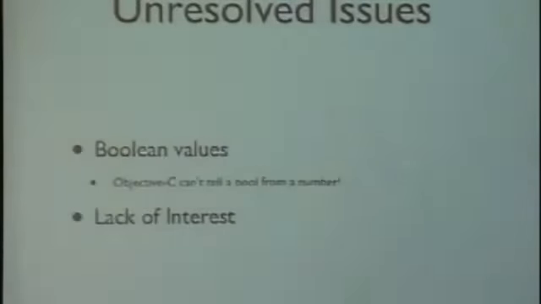Unresolved issues that I have so far. The Boolean values. Objective-C can't tell a Boolean from a number. And the total lack of interest that anybody has in this. Macs have been sitting outside the enterprise for a solid decade now and are slowly worming their way back in, and maybe people care, but honestly, most of the interfaces that they're doing for this will probably be web-based. They'll probably just use Safari.